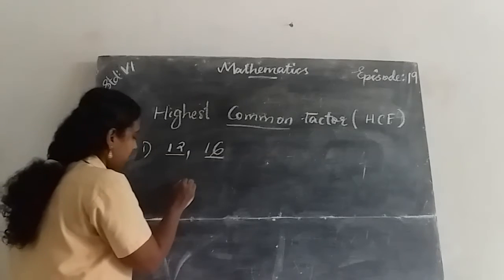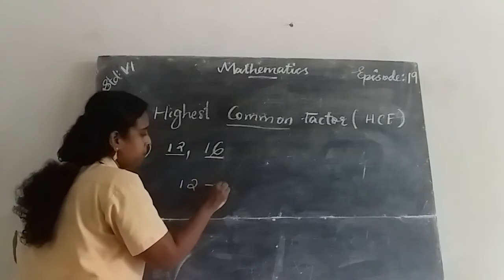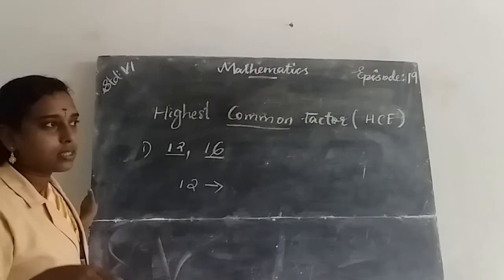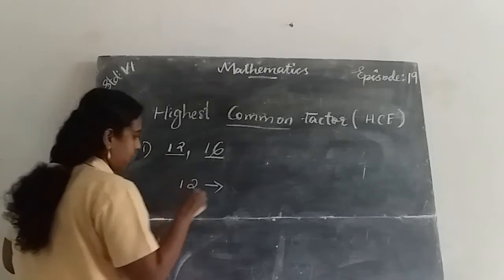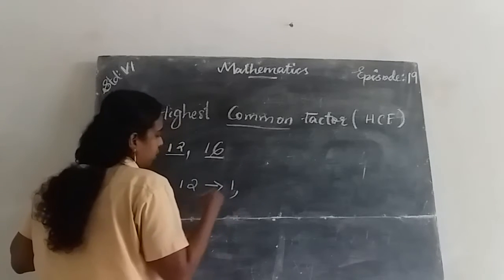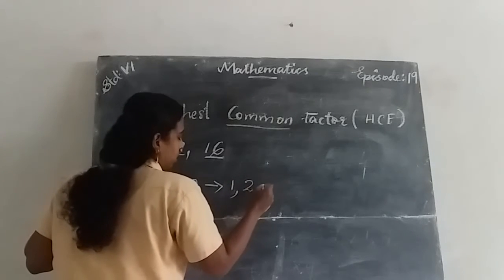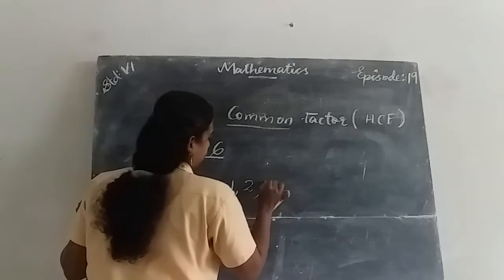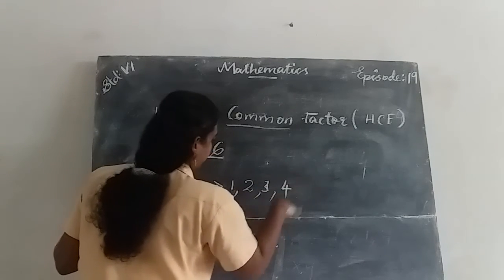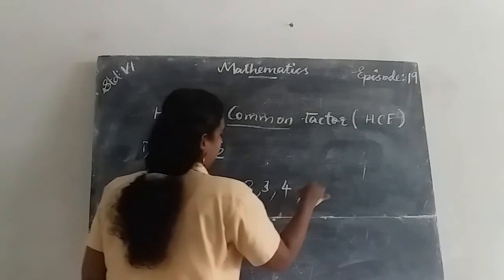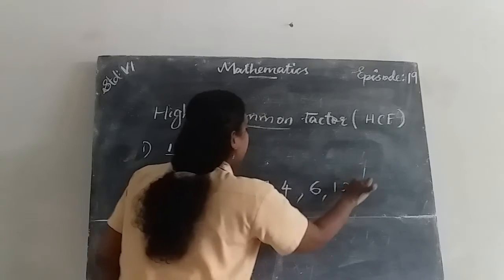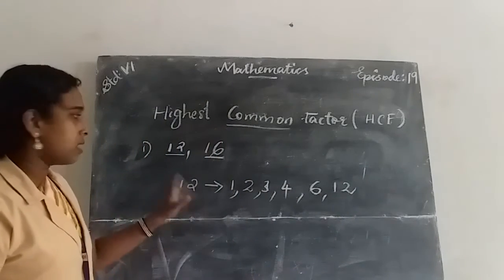So first, the factors of 12. 12 comes under the table of 1, then the table of 2, then the table of 3, 4 also comes under the table of 4, then the table of 6, then in the table of 12. So these are the factors of 12.